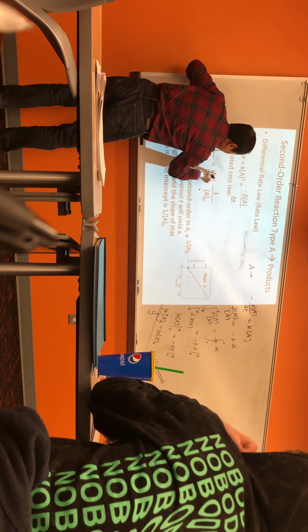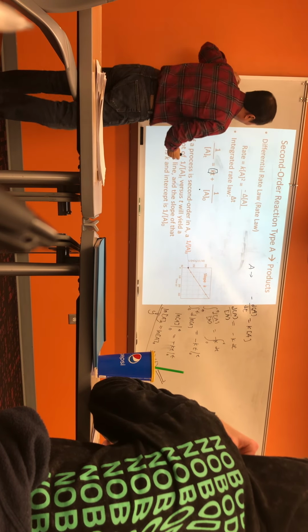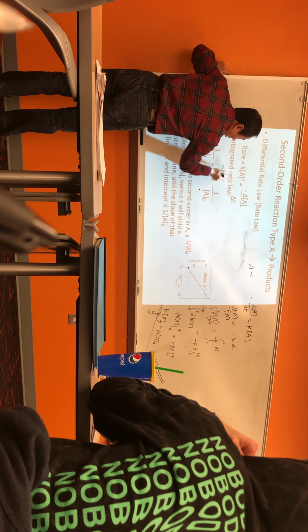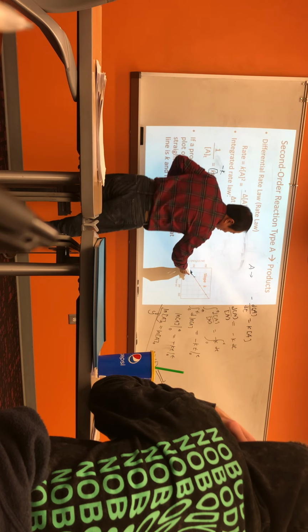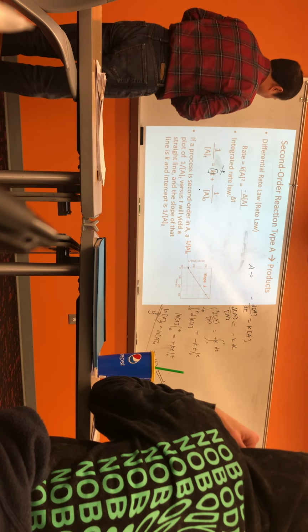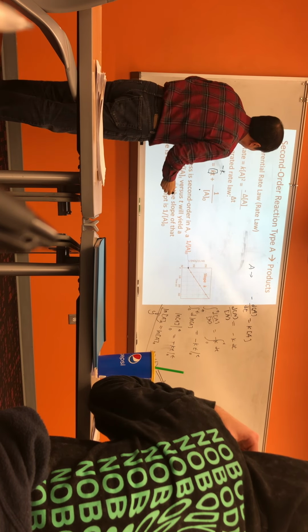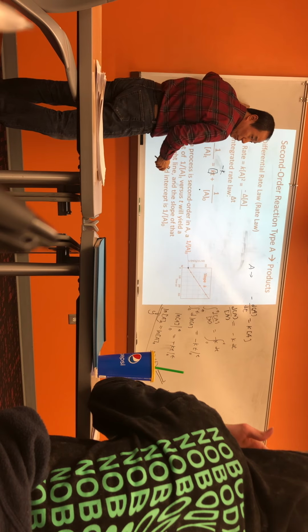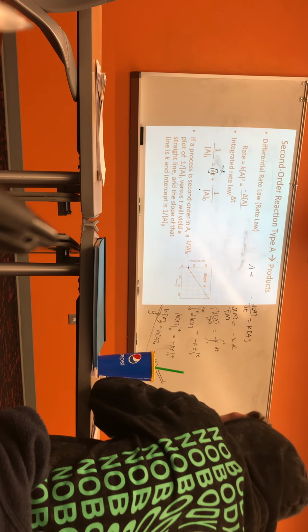This time the slope is positive k. Previously in the first order it was negative k slope. This is a positive slope, so this line will just move up like that. Okay? It's easy to get confused between second or first order, so you have to make sure you remember the correct formula.